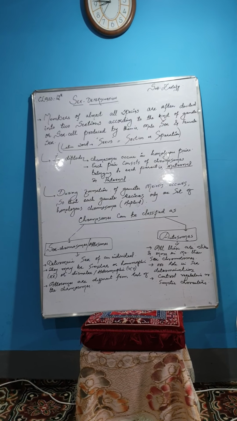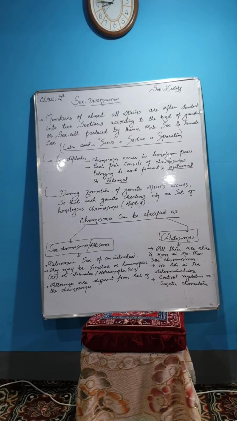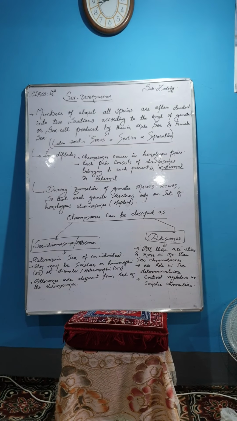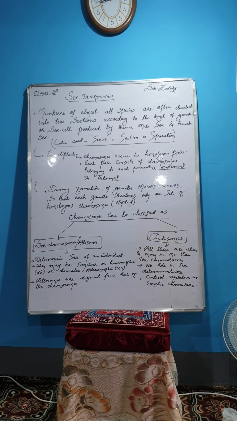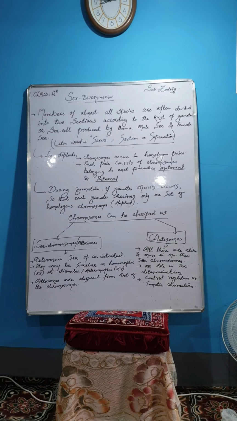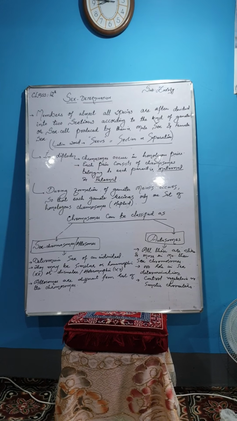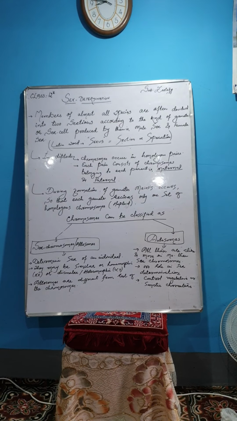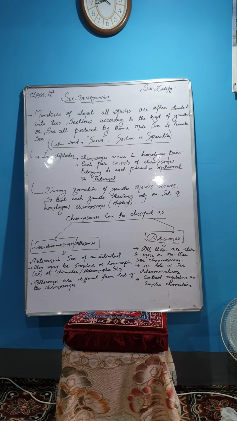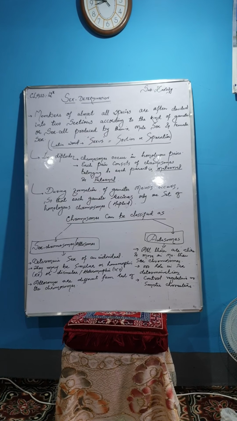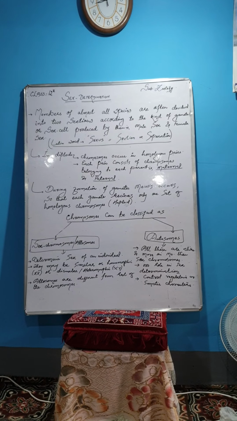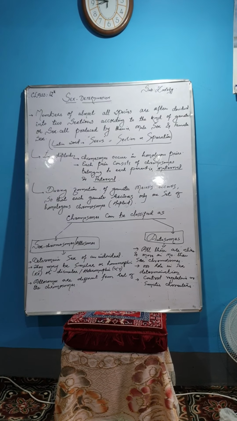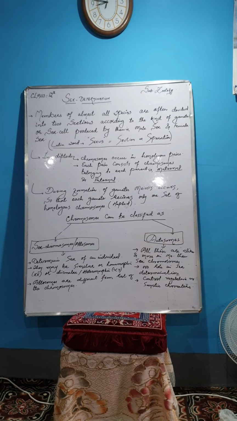One group is designated as males, and the other one is designated as females. This categorization is based on the type of sex cell, the type of gamete, which they produce.